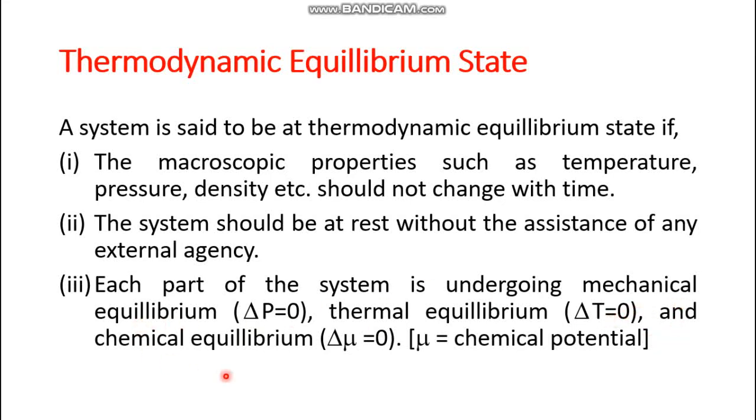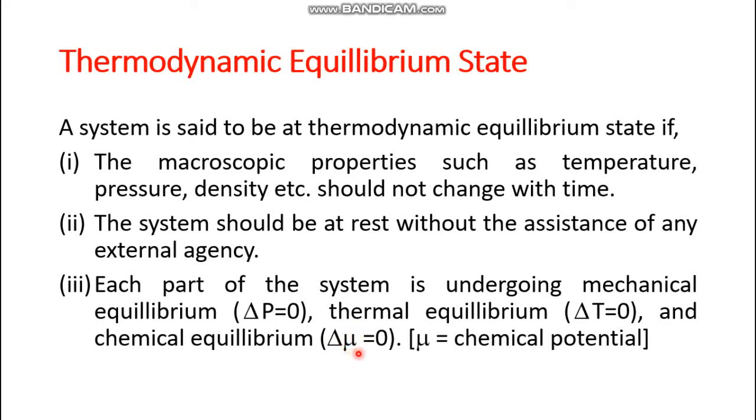And what about chemical equilibrium? If the overall chemical potential remains the same at each part of the system, that means the amount of each component does not change. That means the chemical potential of each component does not change. So delta mu equals 0. This mu is a little bit unknown to you.